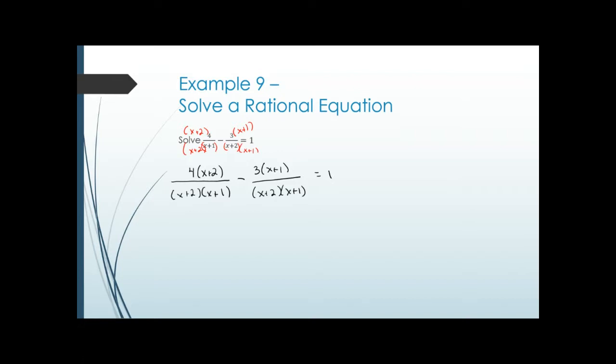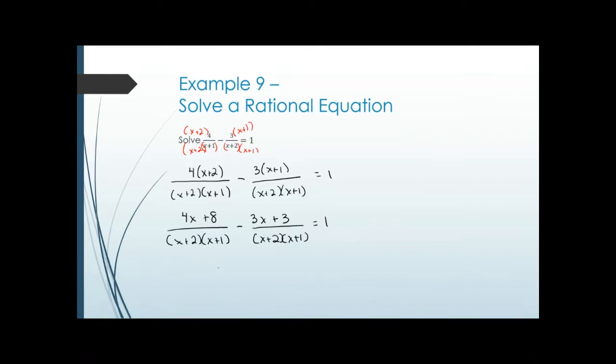So I need to do the 4 times the x plus 2. So 4 times x is 4x, and then 4 times 2 is 8. So I have 4x plus 8 over x plus 2 times x plus 1 minus, then I distribute the 3 through the parentheses, so that gives me 3x plus 3, and then x plus 2 times x plus 1 equals 1.